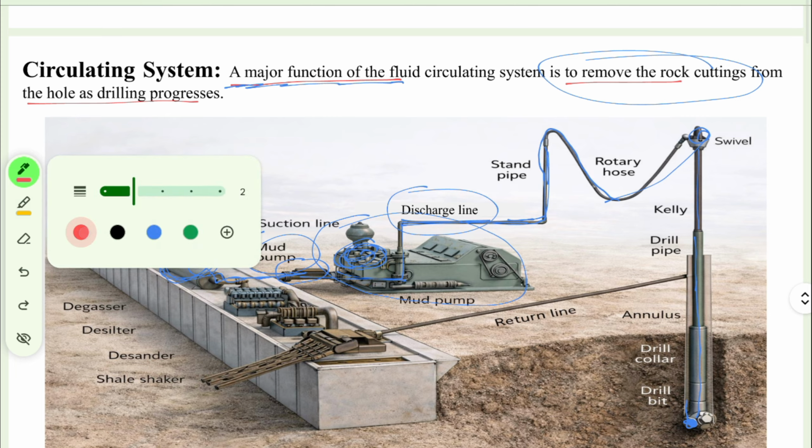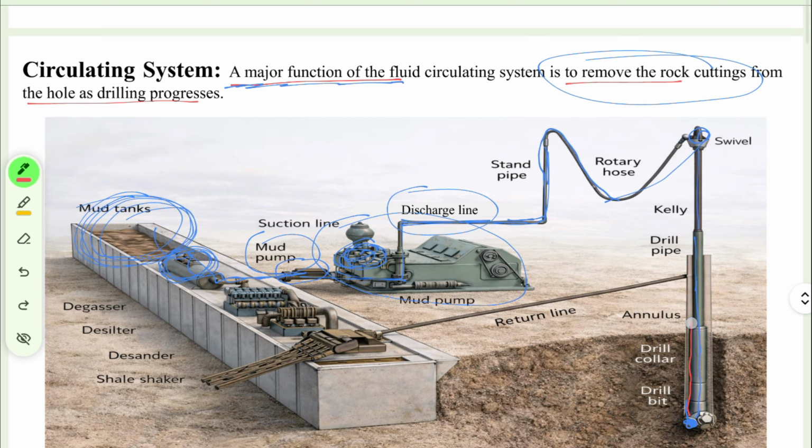Let me change the color. Through the annulus, it returns back to the return line. This is the return line, right? Through the return line, it reaches the shale shaker, where we will discuss this also. At the shale shaker the large particles are removed.